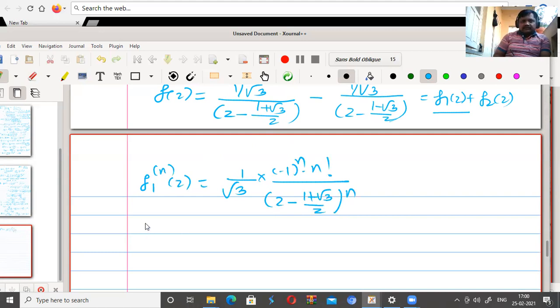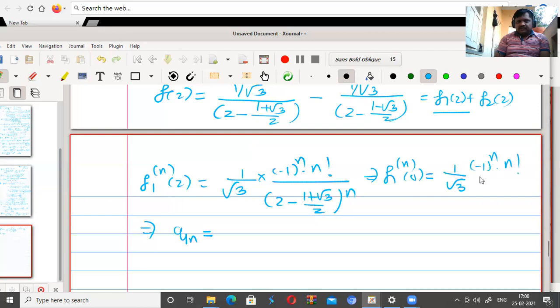Therefore, its coefficient a1n: f1 nth derivative at 0 equals 1 upon root 3 into (minus 1) raised to n into n factorial divided by (minus of 1 plus root 3 upon 2) to the power n plus 1, by putting z equal to 0.